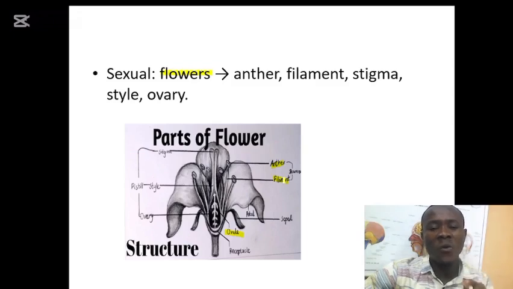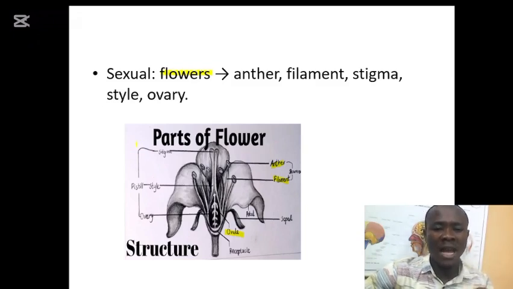The anther contains the pollen grain, that is the male gamete. The anther and the filament together are called the stamen. And a flower having only the stamen, that means having only the male part, is called a staminate flower.